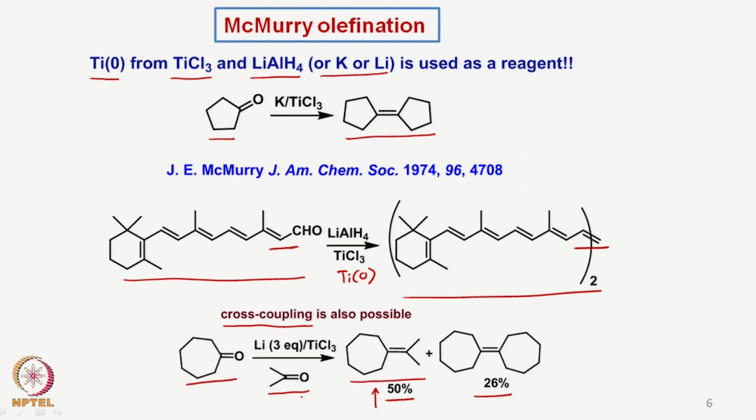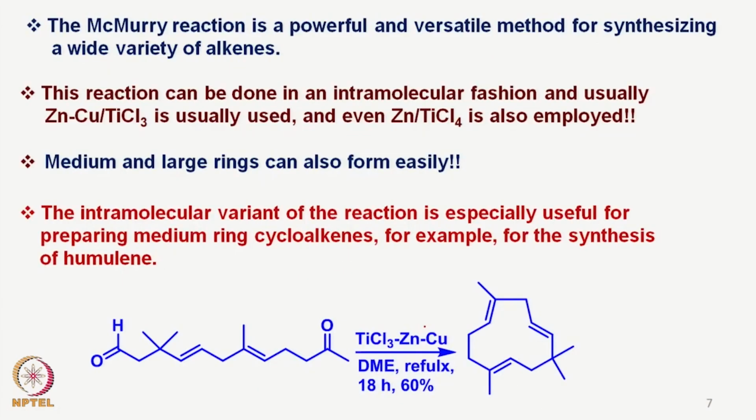So this kind of cross coupling is also very important, because even if it is a 50% yield, it is not easy to get, and therefore it is a useful alternative for getting such olefins where the two parts are from different ketones. It is a powerful and versatile method for synthesizing a wide variety of alkenes.